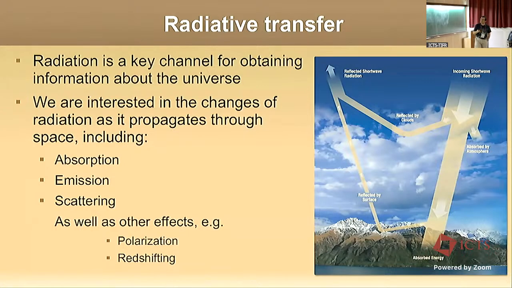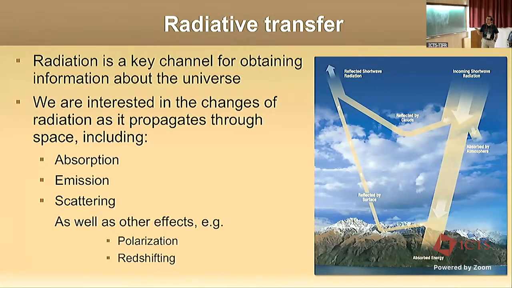And that radiation, as it goes through stuff, which of course there is always in the way, even in the emptiest space in the universe, there is some gas or something, plasma, something. There are things that happen to it. So there is one example with the Earth here, but it's the same principle. You have the incoming radiation, and the incoming radiation, first of all, can get absorbed by the atmosphere, because atmosphere is made of gas and particles.